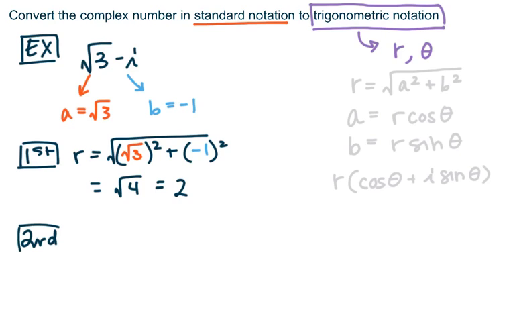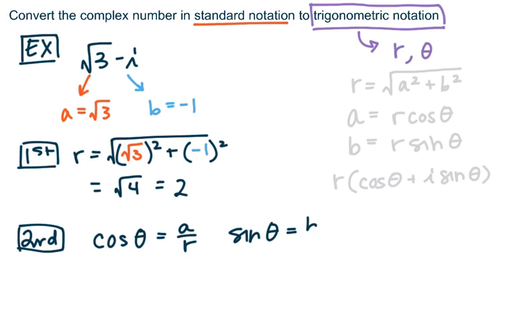The second step will be to find theta. So I need to use a and b to help me find theta. Now, we originally wrote these and we said that cosine theta is a over r and sine theta is b over r. So I'm going to write that. Cosine theta equals a over r.